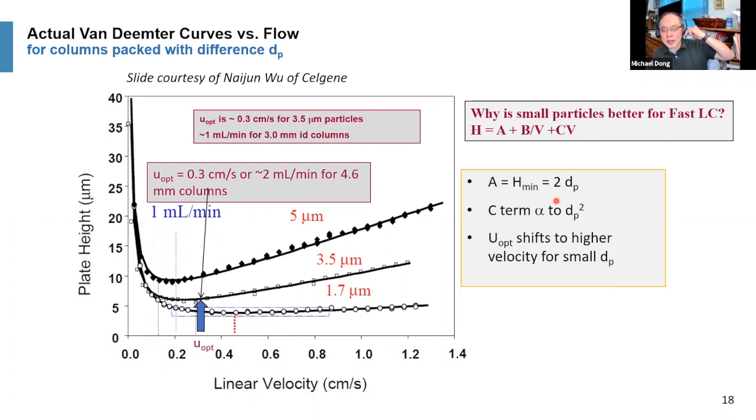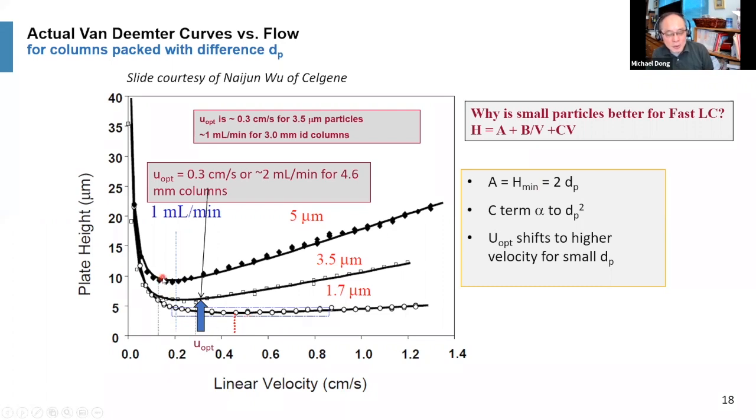Because from the column length and the particle size, you can calculate N. If you have 1.7 micron, which is a sub-2 micron HPLC Acquity column, for instance, the minimum plate height actually is twice that of 1.7. So 3.5 is the plate height. You can see that the minimum plate height is that.